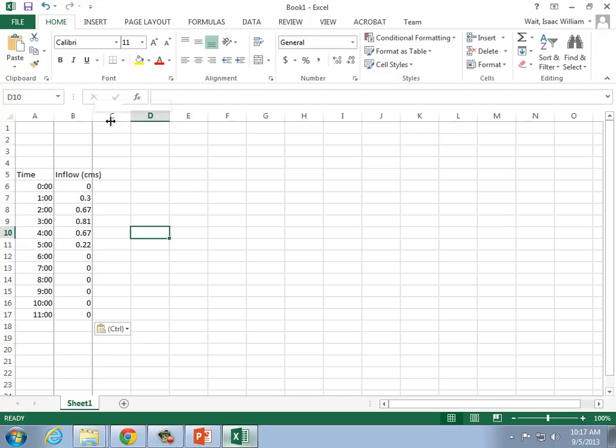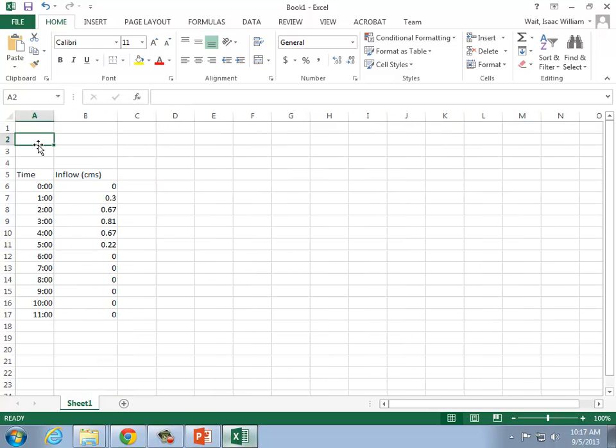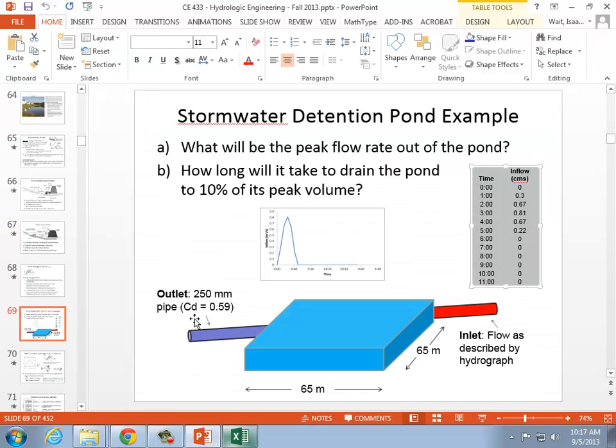All right, so this is our inflow, and what did we say the area? Well, we'll do length in meters is 65, width in meters is 65. The characteristics of the pipe: it has a diameter of 250 millimeters and a C sub D of 0.59.